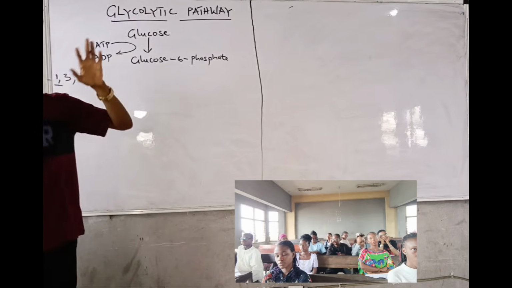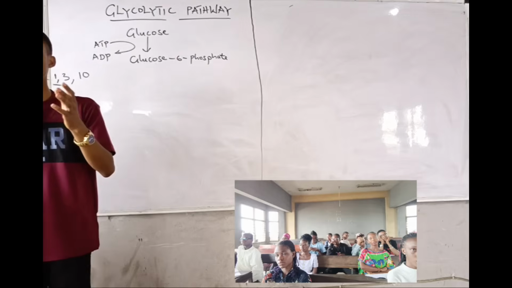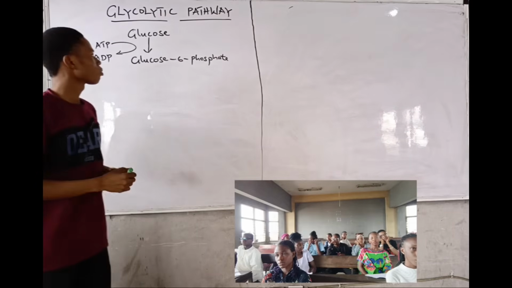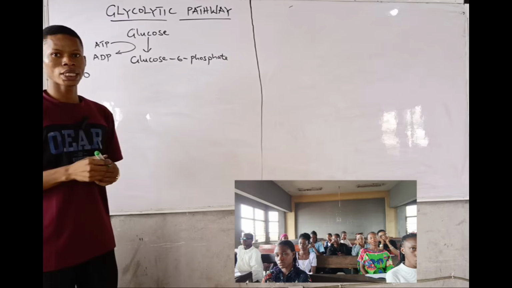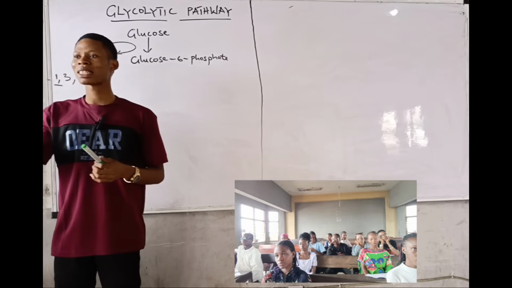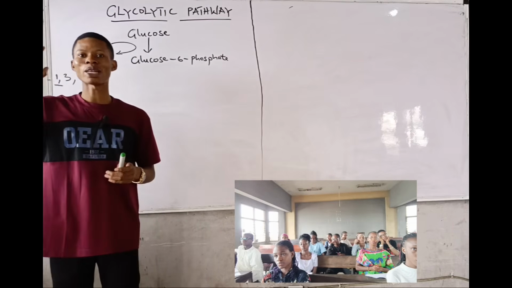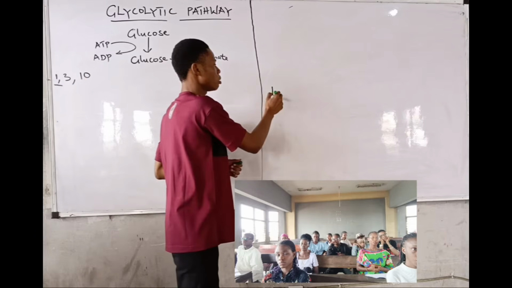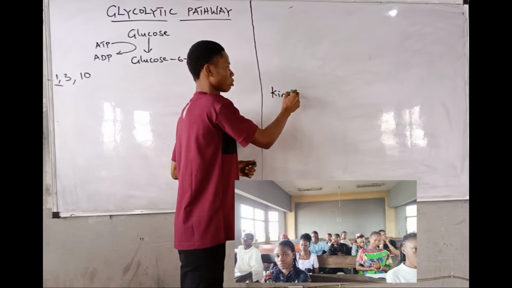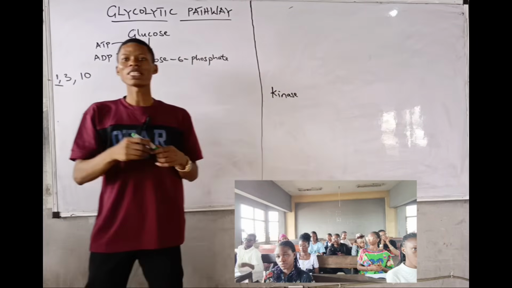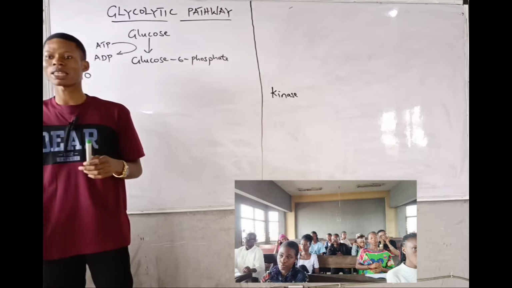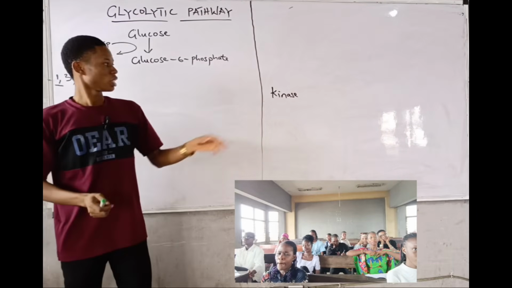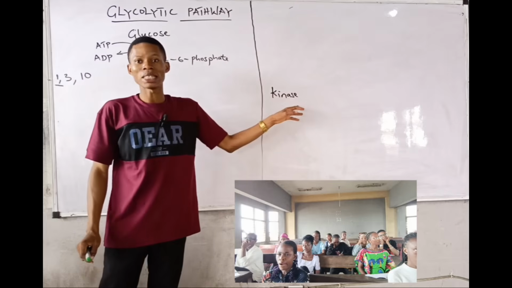Remember, glucose is a 6 carbon sugar, right? And 6 carbon sugars are called hexoses, right? Now, one cheat you should know is any enzyme that catalyzes the transfer of a specific group must have the name kinase. If there is a transfer of a phosphate group from one compound to another compound, that enzyme must have the word kinase.